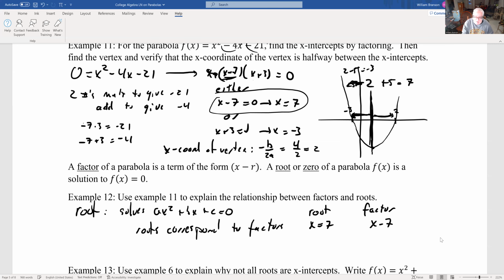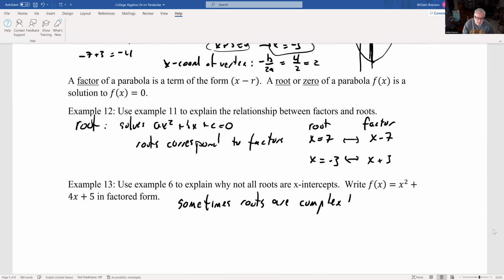But not all roots are x-intercepts. Sometimes our roots are actually complex. So remember that a root is actually a solution to an equation. It's an algebraic thing. An x-intercept is a point on a graph. It's more of a geometric thing. So x squared plus 4x plus 5.